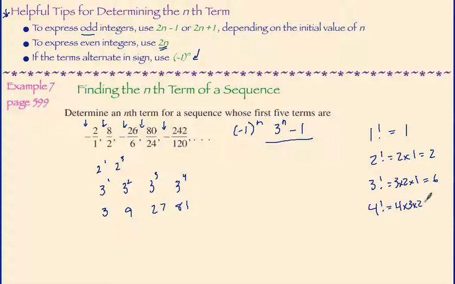You kind of get the idea here, which is 24. 5 factorial is 5 times 24, which is 120. And so after you've seen factorials for a while, you would begin to recognize, oh, that's just factorials, n factorial. So there is your nth term.